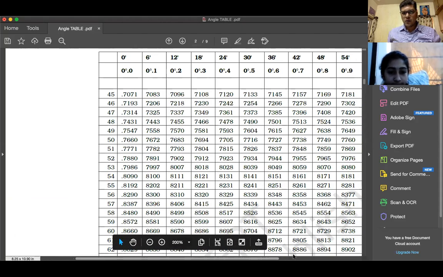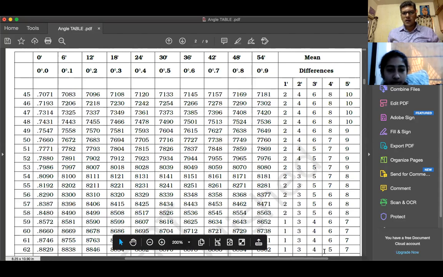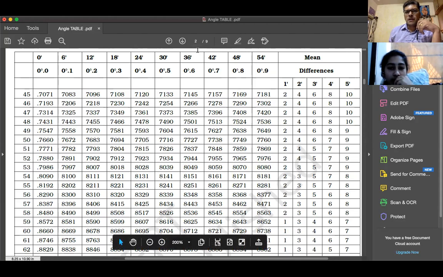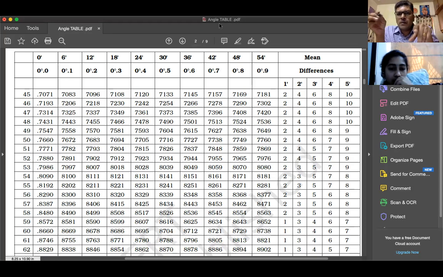It would be 48 degrees. 7513 is okay. It is 48 degrees, then minutes will be 42, and 3 will be 45 minutes. So 48 degrees and 45 minutes is okay.